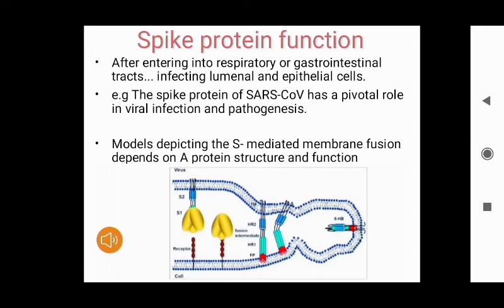In analogy to these more widely studied and well understood viral fusion proteins, the CoV S-mediated membrane fusion process is generally shown in the diagram.